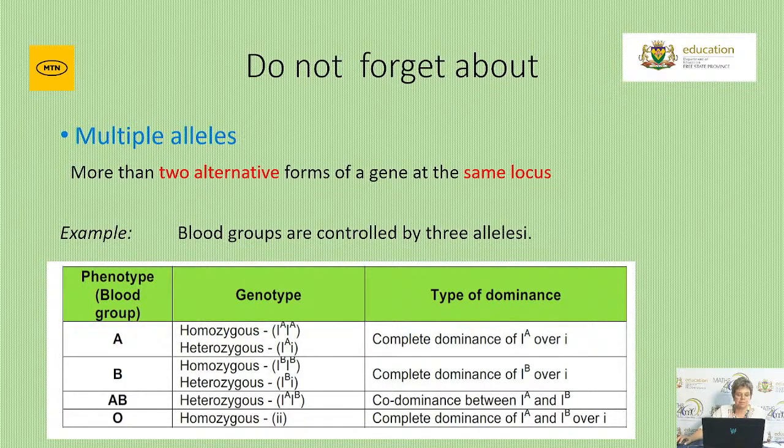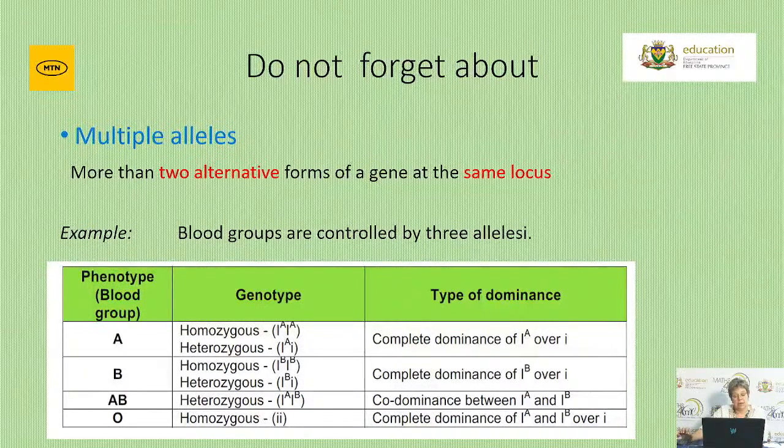In this case, with blood groups, we have three alleles. We have the allele capital letter A, we have the allele capital letter B, and we have the allele small letter i. So that is your three alleles. And these three alleles can code for four different phenotypes. Therefore, we have blood group A, blood group B, blood group AB, that is codominance, and blood group O, that is complete dominance.